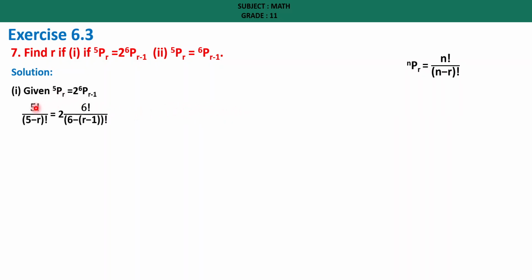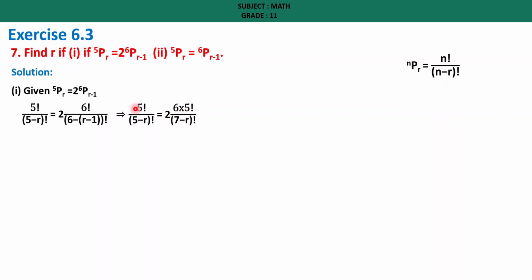So 5Pr we can write as 5 factorial divided by (5 minus r) factorial is equal to 2 into 6 factorial divided by (6 minus (r minus 1)) factorial. That is 5 factorial divided by (5 minus r) factorial, 2 into 6 into 5 factorial divided by, here 6 minus of minus 1 is plus 1, so that's 6 plus 1 is (7 minus r) factorial.